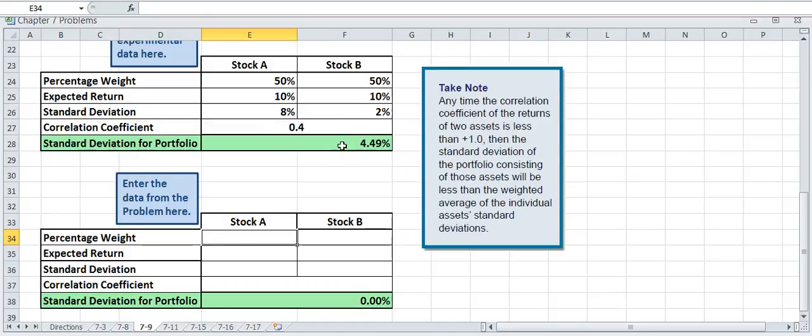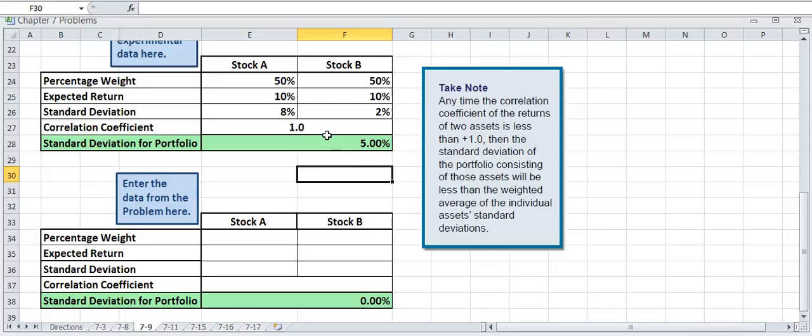And we can see with a correlation coefficient of less than 1, then the standard deviation for the portfolio is less than the average here, less than 5, it's 4.49. Now, it's easier to see how this works if we put this at 1. We'll put the correlation coefficient or R value at 1, and we'll see that now it is 5.